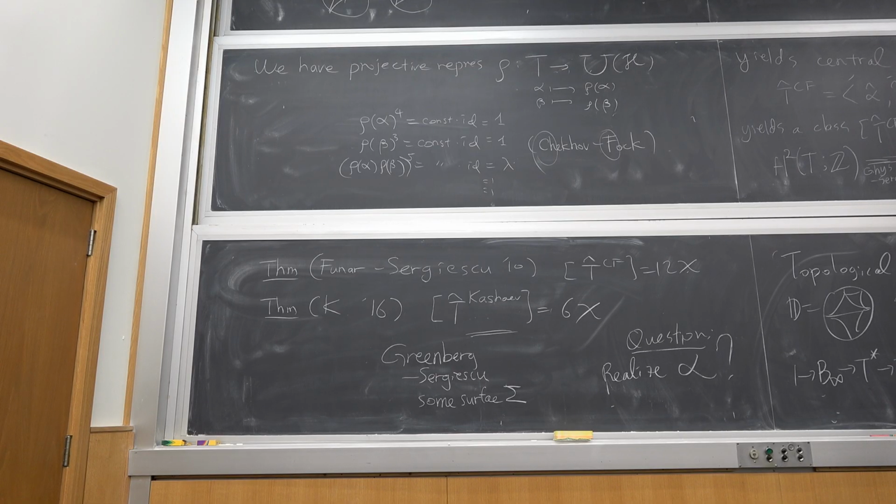And one other thing that used to bother me is this T. I was trying to make the point that this is kind of the universal version of the mapping class group, but the genuine universal version should contain all the finite type mapping class groups.